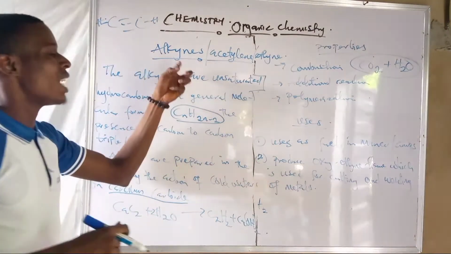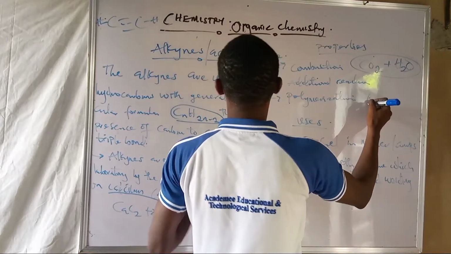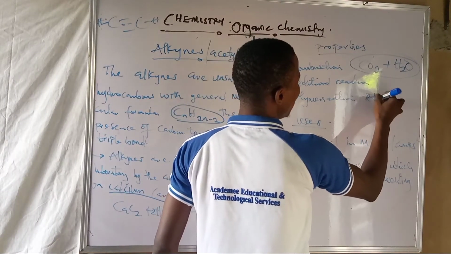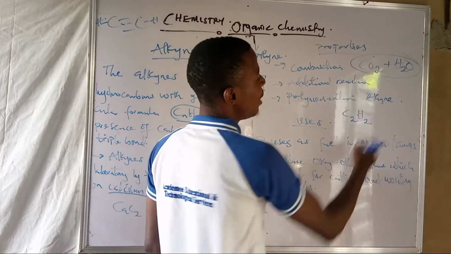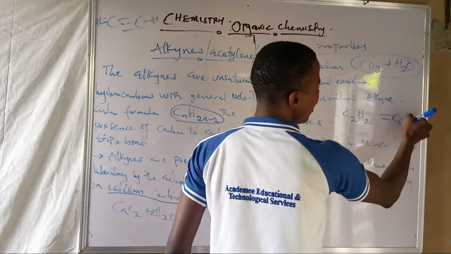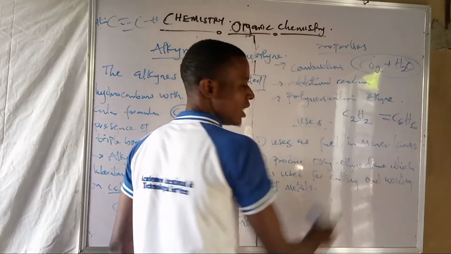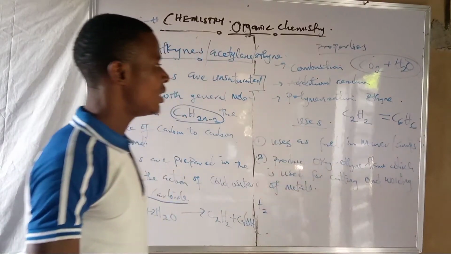Polymerization of ethyne gives us benzene. If you notice, C2H2 when polymerized gives us C6H6. They have the same empirical formula, CH and CH. Then that is all about that.